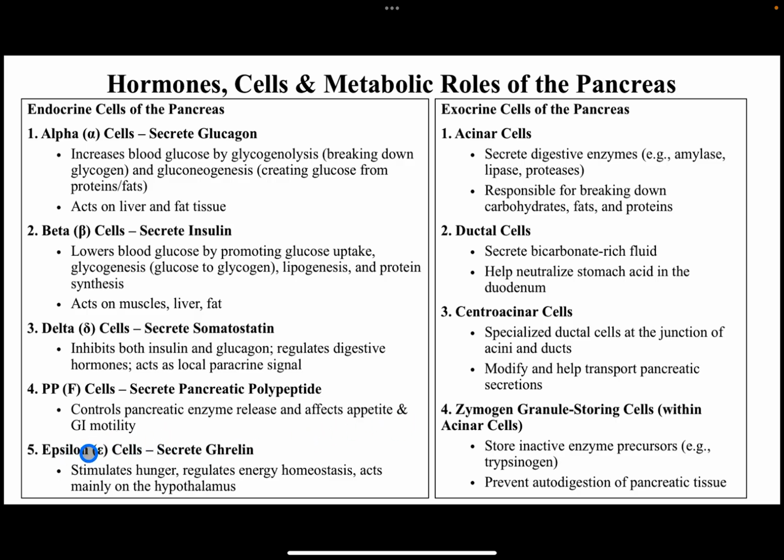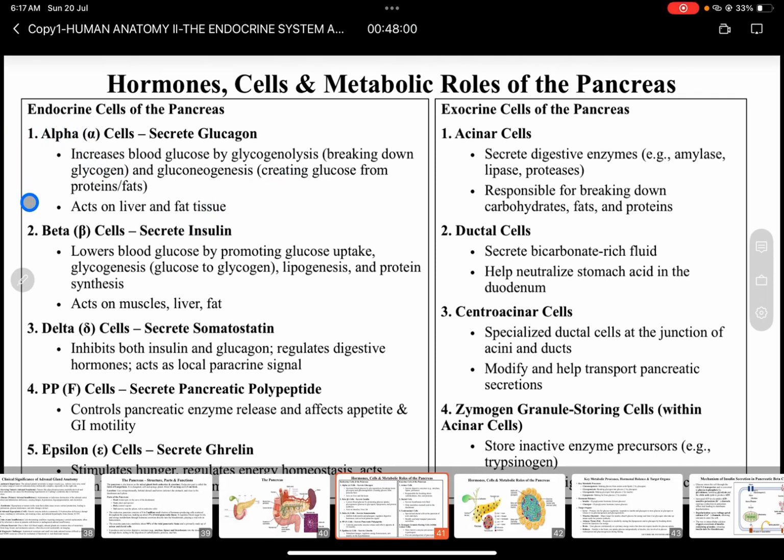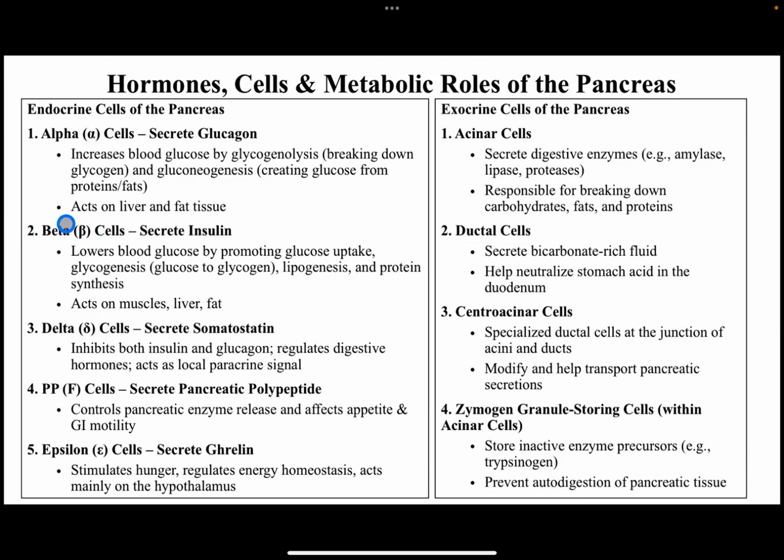Is that okay? Then we have the epsilon cells. They secrete ghrelin. In fact, ghrelin basically stimulates hunger, regulates energy homeostasis, and acts mainly on the hypothalamus. Basically, in the endocrine pancreas, our main focus usually is on the alpha cells and the beta cells.